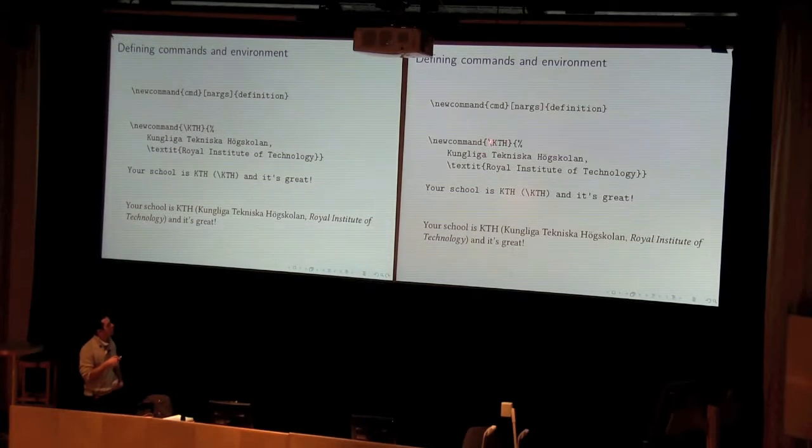For example, if I want KTH to have 3 arguments, I need to put 3 in square brackets, just here. Then comes the definition. Here I put Tekniska högskolan, and then I italicize the English version. And then I use it. This is exactly what I want to have on the output.